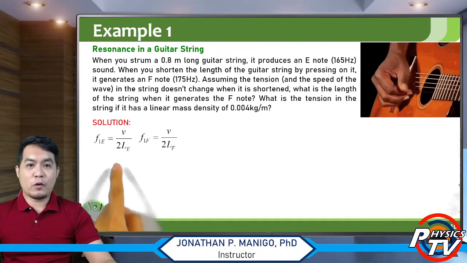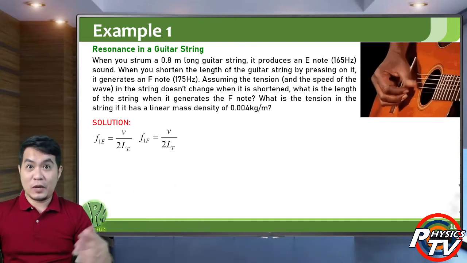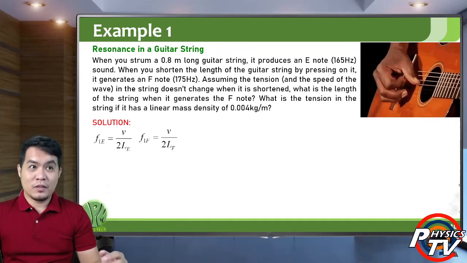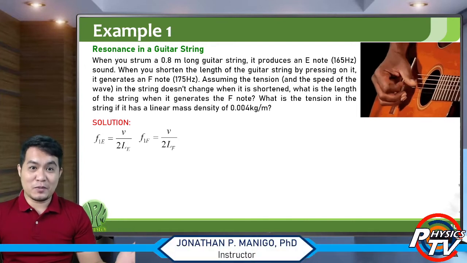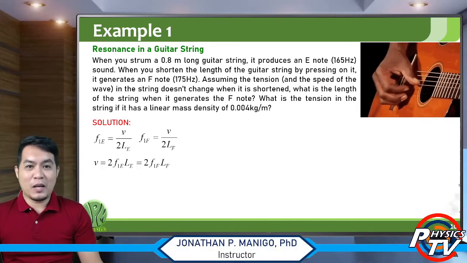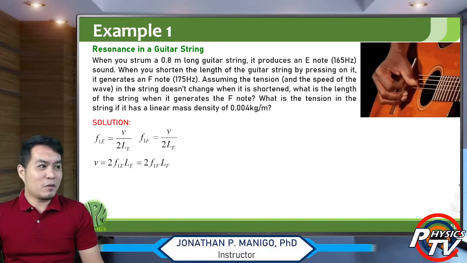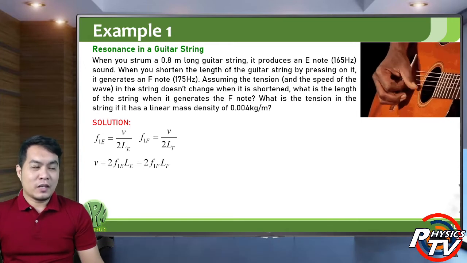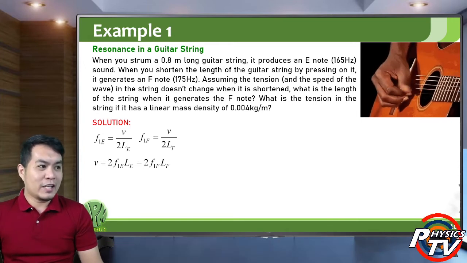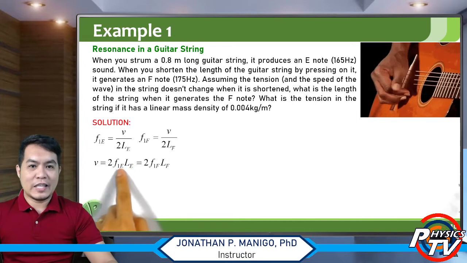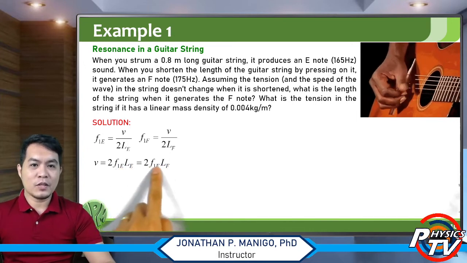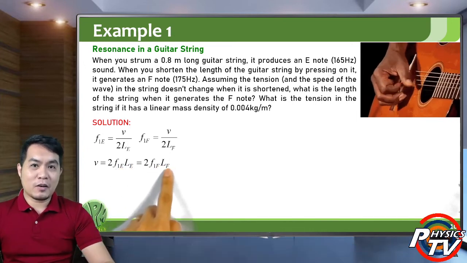So we have two equations and two unknowns. There are many ways to solve two equations with two unknowns. Here I will use elimination. I will eliminate v by solving both equations for v, then equating them and solving the remaining equation for the length of the string when it generates the F note, L_F.